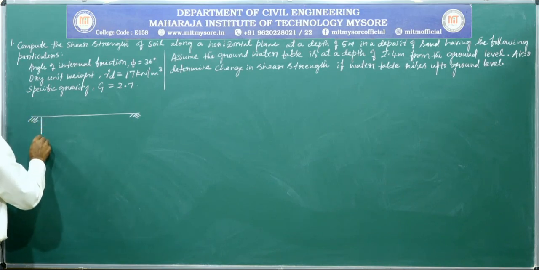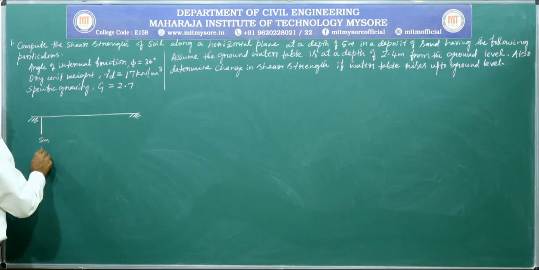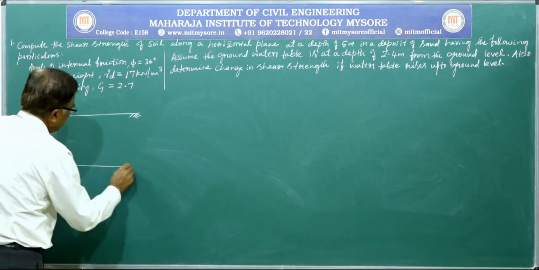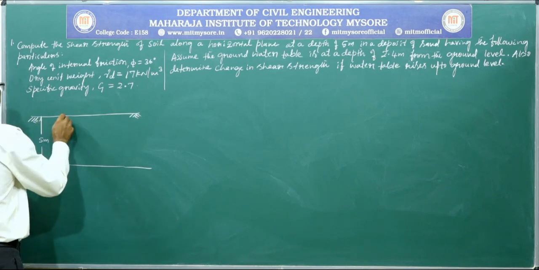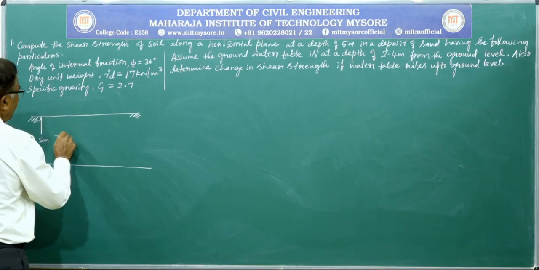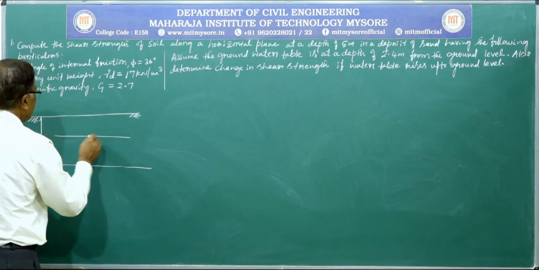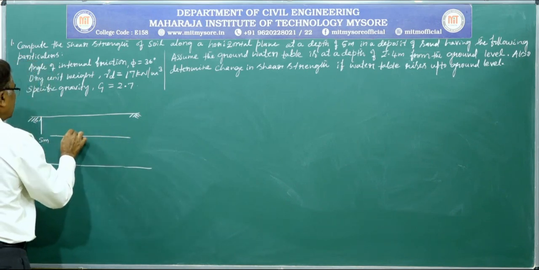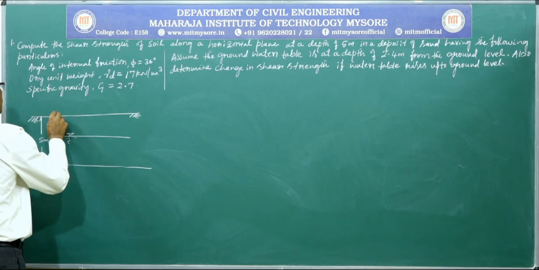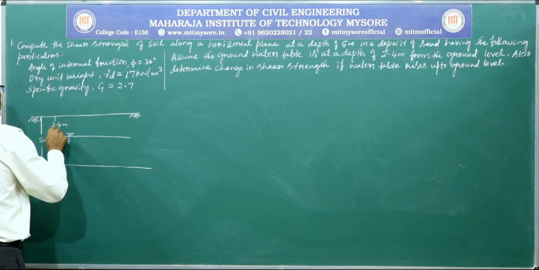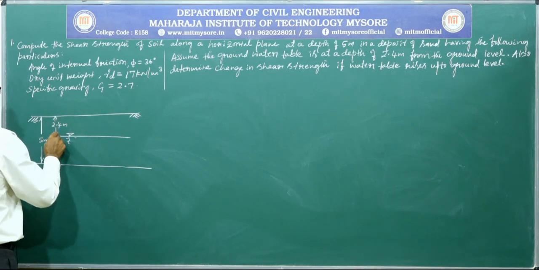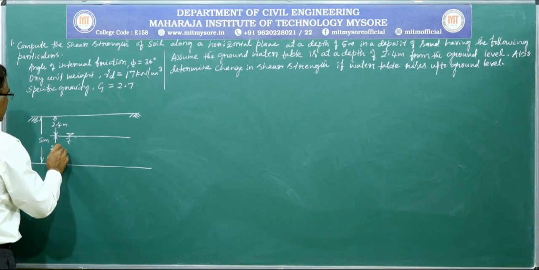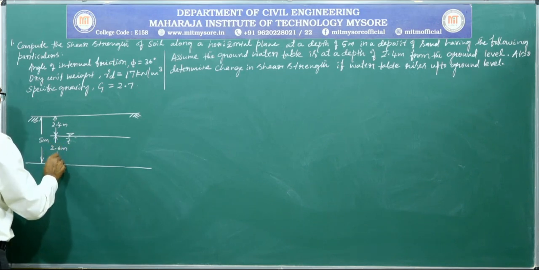So total depth is 5 meter, depth at which shear strength is to be determined. Water table is at a depth of 2.4 meter. So 2.4 meter means it is below this, the remaining depth is 2.6 meter.